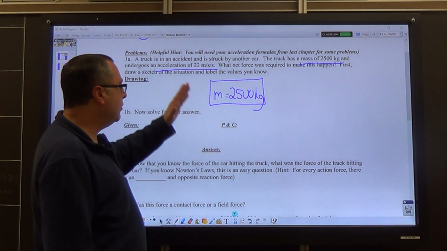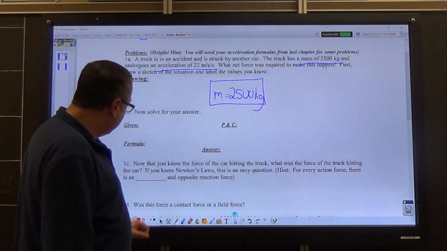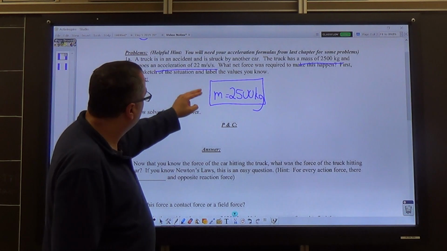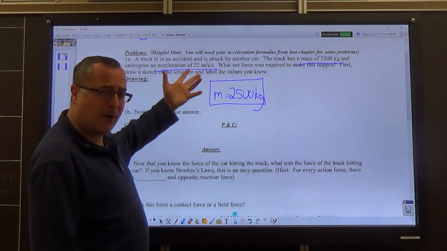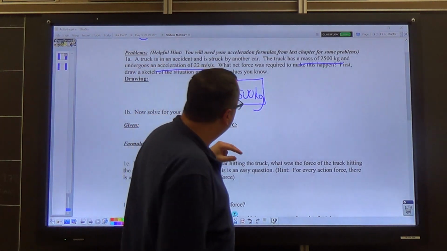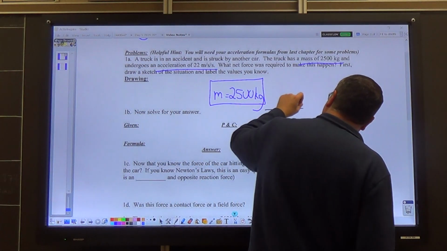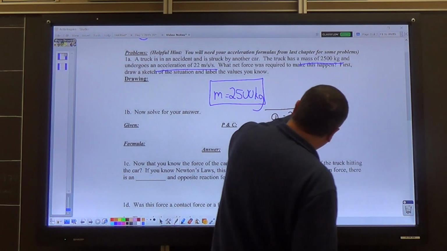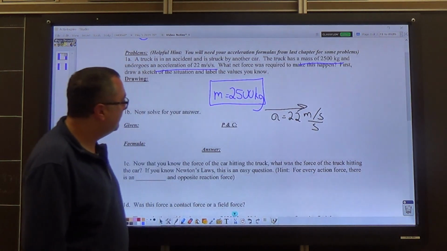If it's moving upward, you can do it from either side. So for the acceleration, we'll go ahead and mark that here. 22 meters per second is positive. We're going to assume that that's sideways, and positive sideways would be this way. So your acceleration, 22 meters per second.